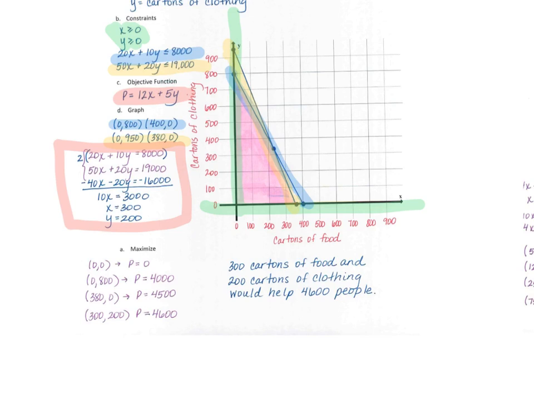And all that is just some elimination. You'll see we're multiplying that top equation by a 2, well technically a negative 2, with the intent to cancel out the y so that we can solve for x. And the reason we're doing that is so that we can solve for this intersection point right here.